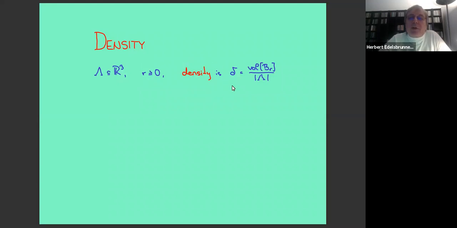And then the density is the volume of the ball. I'm a little conflicted about calling this a sphere or a ball. In sphere packing, it's called a sphere. In topology, a sphere is something different. So I write B_r, but I call it a sphere. So anyway, it's the volume divided by the volume of the Voronoi cell. That's the density.